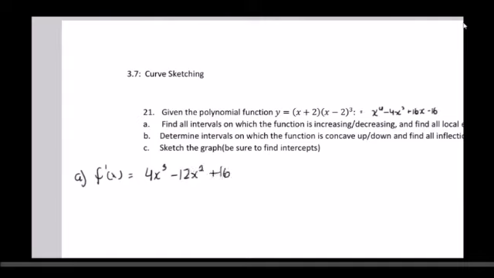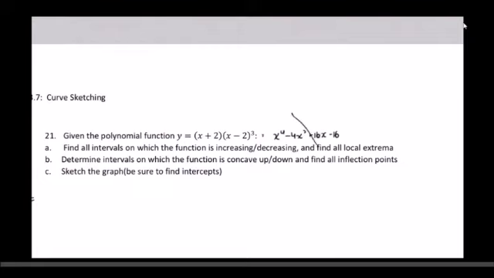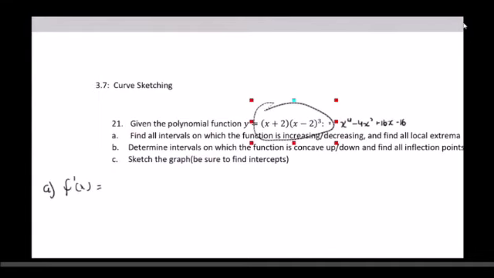The problem with this, though, is we would need to set this equal to 0 and try to find the zeros, or try to solve it. It's kind of hard to do. That's not easily factorable. So rather than taking the derivative of this form, even though it's going to be a little harder, I can take the derivative of this form. The reason being, it may end up being easier to factor at the end.